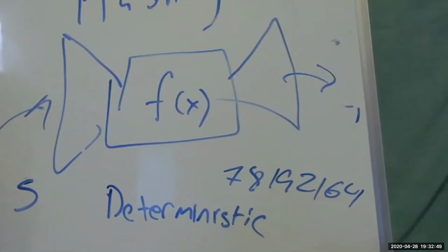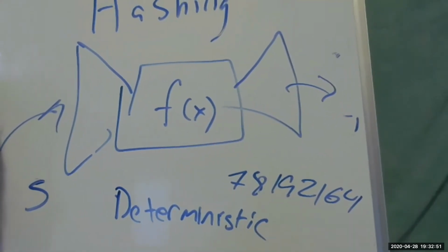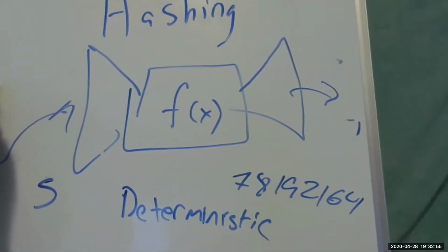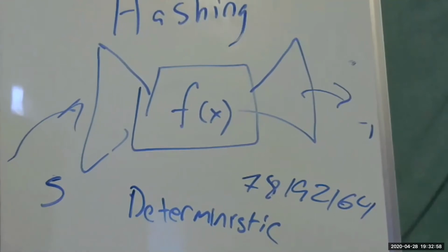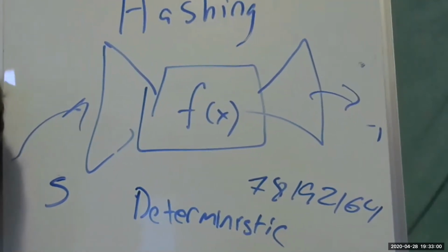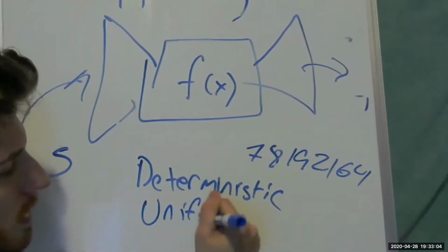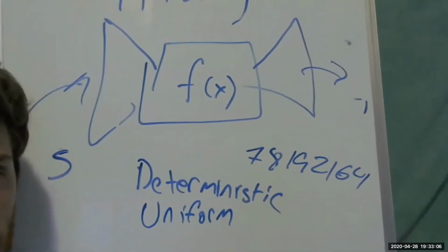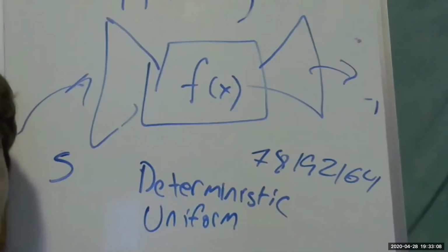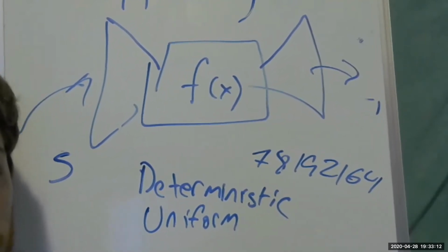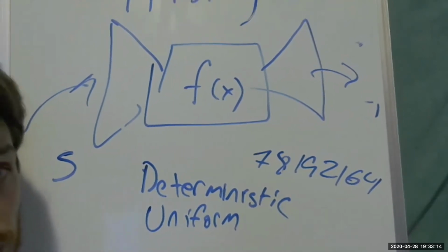So every time a 5 gets put in, this random looking number comes out. Every time. If I put a 7 in, some other random looking thing comes out. Some random thing is coming out, but whenever that thing comes in again, it will always put out the exact same thing.